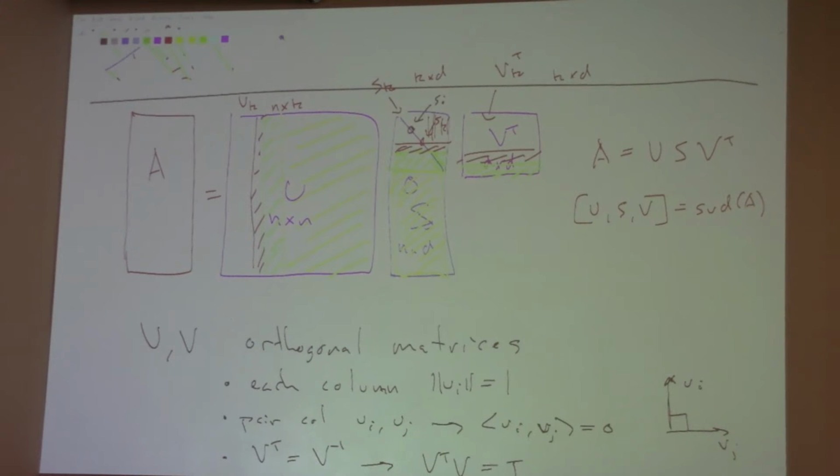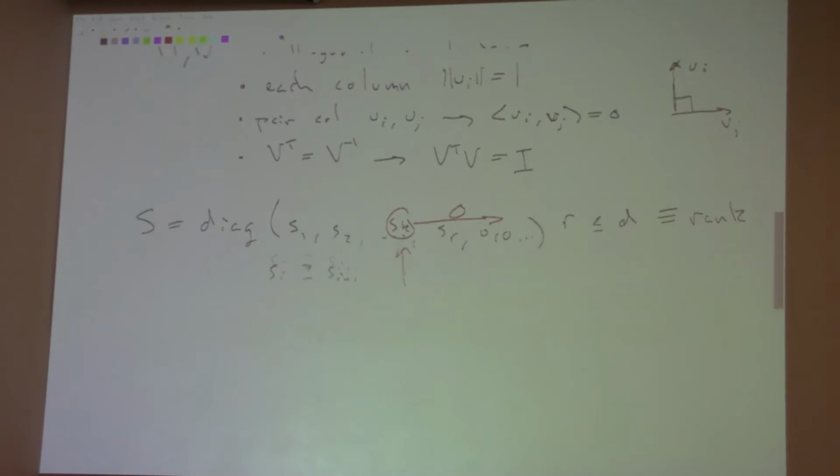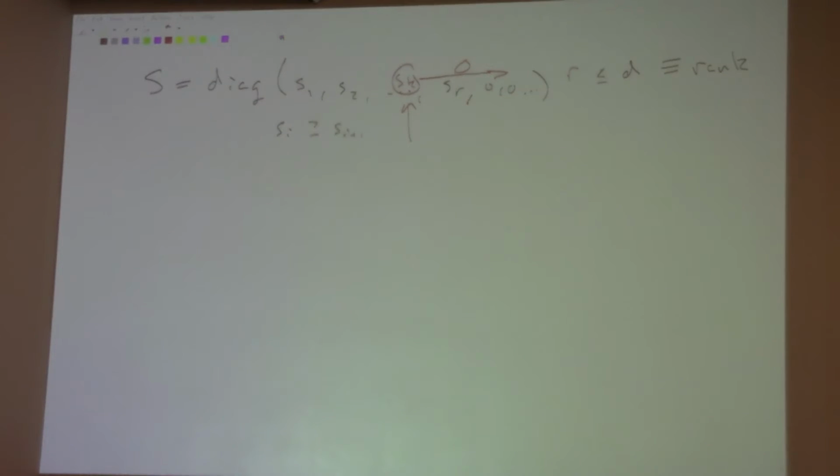Okay, so now let's look at what's left here. We're going to get our A matrix. We're going to call this now A sub k, which is n by d. And this is going to be equal to U, which is n by k.